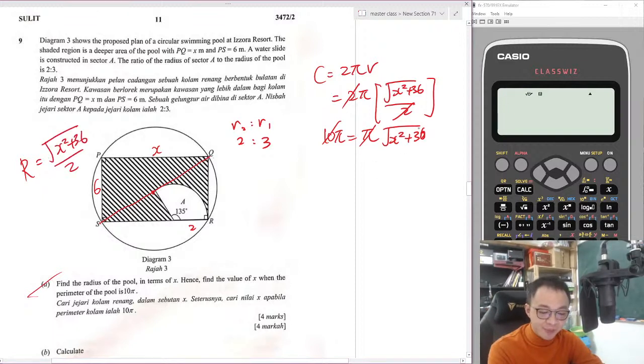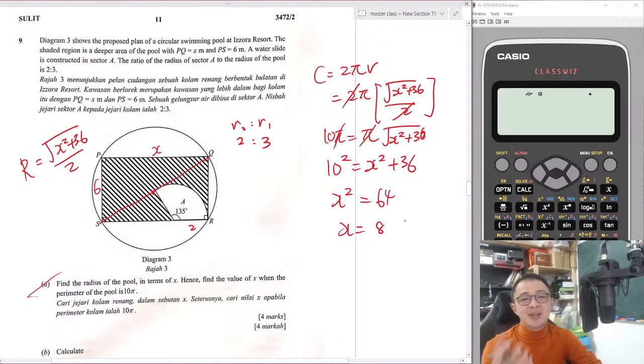The 2 and 2 cancel out. So this is 10 pi, which equals pi times the square root of x squared plus 36. Pi and pi cancel out. Oh my god, I shouldn't have erased it all, but it doesn't matter. So the square root of x squared plus 36 equals 10, so squaring, 10 squared equals x squared plus 36. So x squared equals 64, and x equals 8. Sometimes you can get positive or negative 8, but in this case x is a length, so we ignore the negative answer.